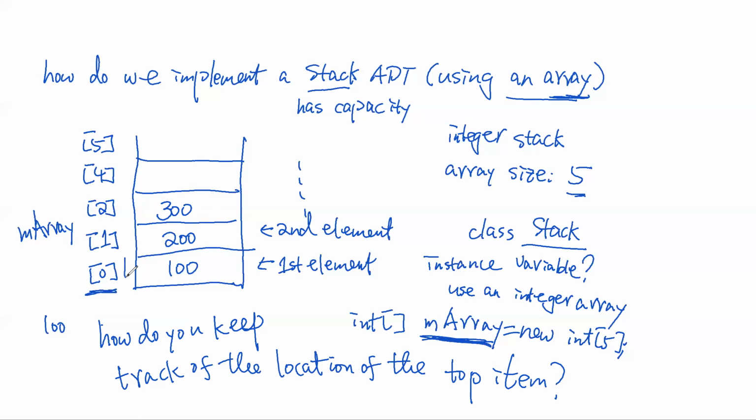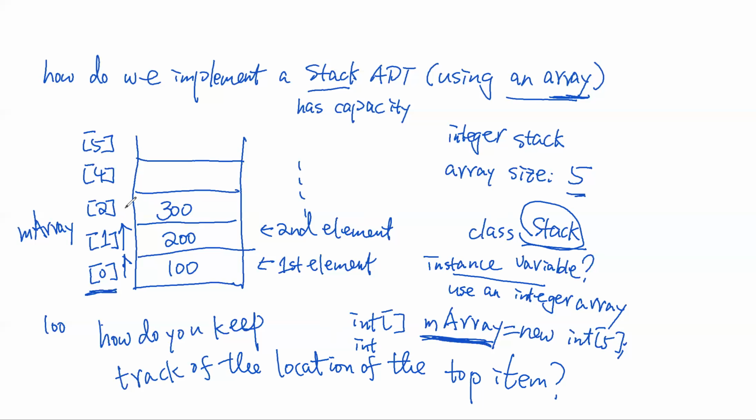And we can see it's related to its index. So because of this question, when we design the stack class's instance variables, how about we provide a positional index to keep track of the latest index? I can name it mTop, suppose.